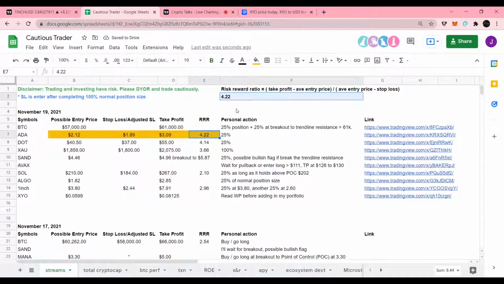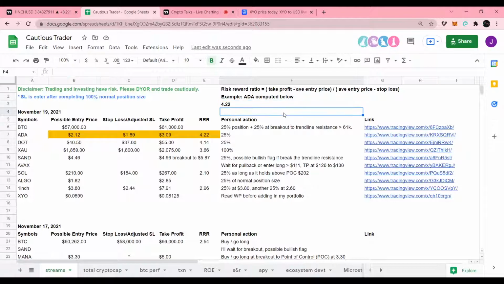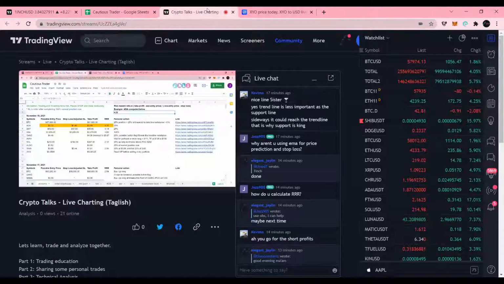So for this example, ADA, that's how it's computed below. So that's how we calculate the risk reward ratio. So that's it, guys.